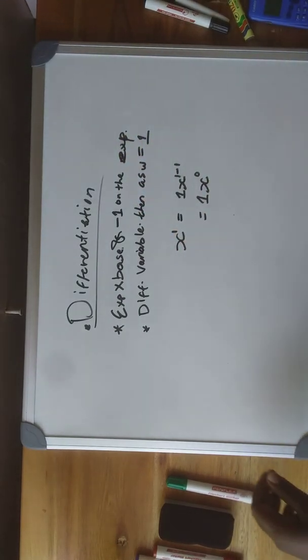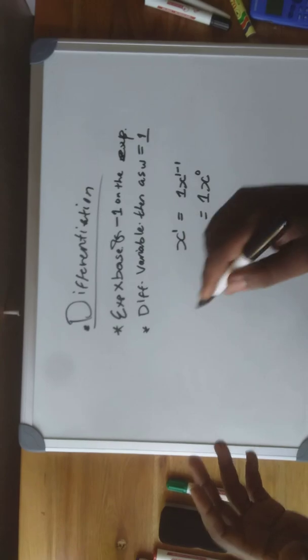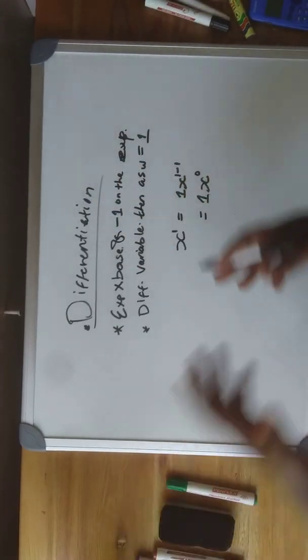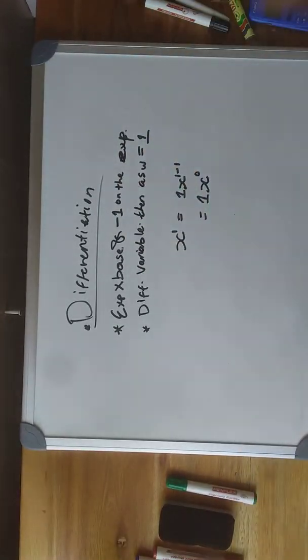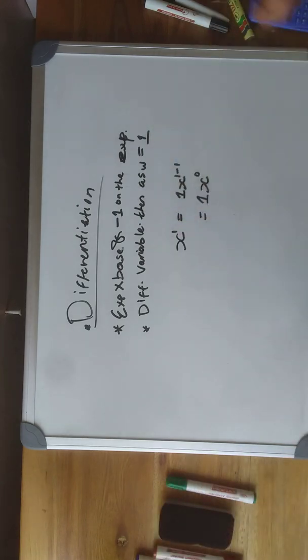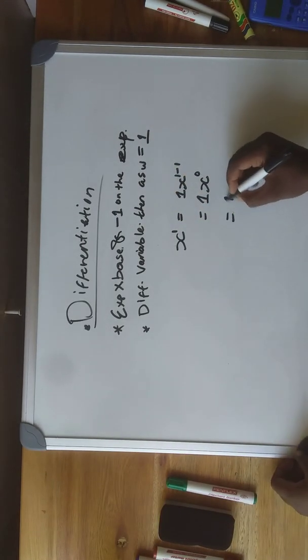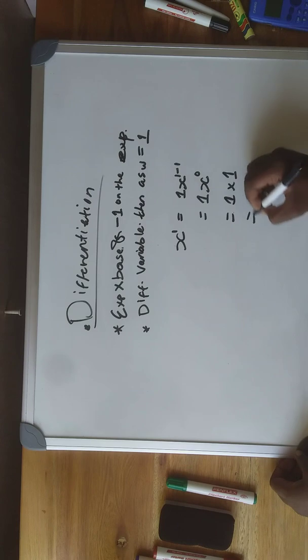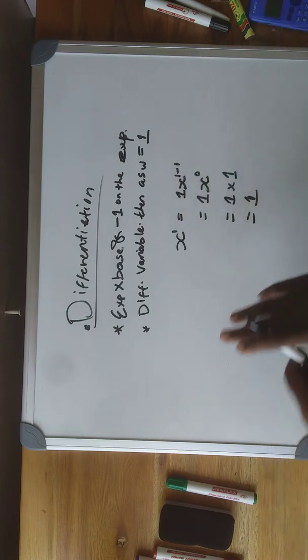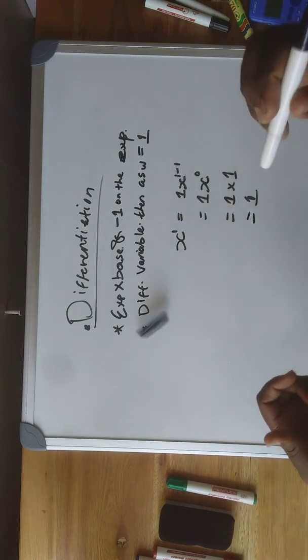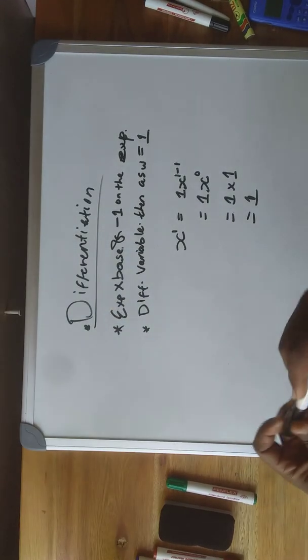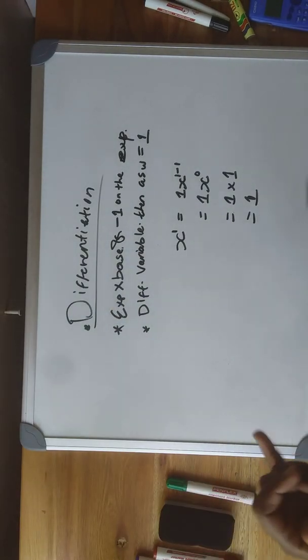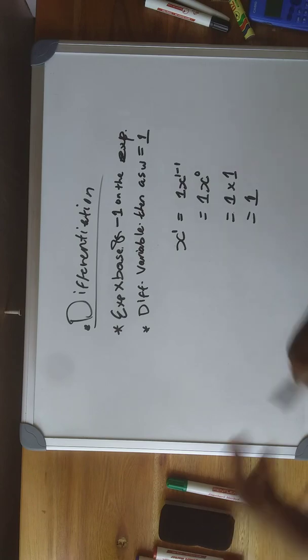Even if you take your calculator and say 1 to the exponent 0, you get 1. 100 to the exponent 0, you get 1. So everything to the exponent 0 is 1. So now you have 1 multiplied by 1, which is 1. That's why whenever you are differentiating a variable without a coefficient, without an exponent, the answer is 1.